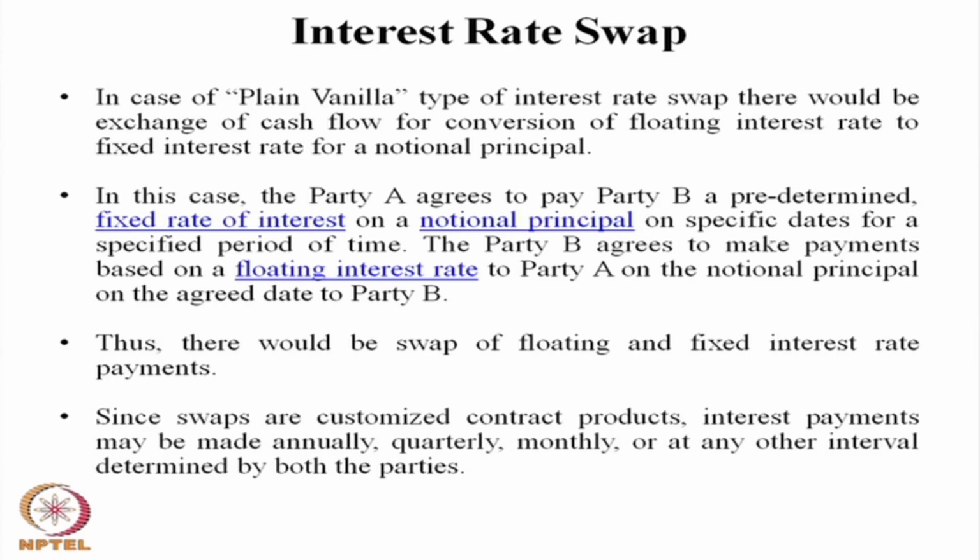Against this principal the interest rates are calculated. Two parties agree to swap interest payments, with the notional principal as the base for calculation. Suppose the two parties are A and B. Suppose party A agrees to pay party B a predetermined fixed interest rate on a notional principal, and party B will pay a variable interest rate on the notional principal.